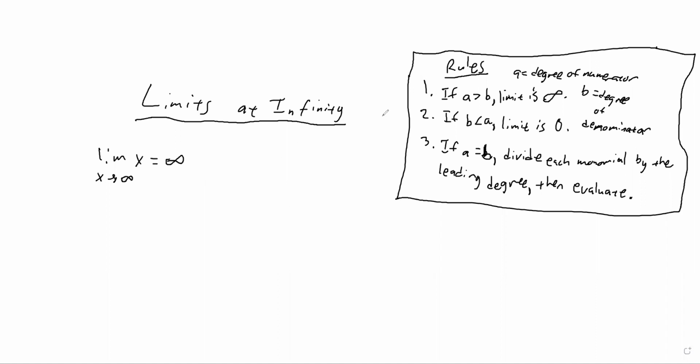So in this case, there's only a numerator, there's no denominator. Or you could say that this is x to the power of 1 divided by x to the power of 0, if you want to really think about it conceptually. So the degree of the numerator is greater than the degree of the denominator, so in this case, A is greater than B. So it's just going to be infinity. Because remember, anything to the power of 0 is 1. So basically, you're dividing x by 1.